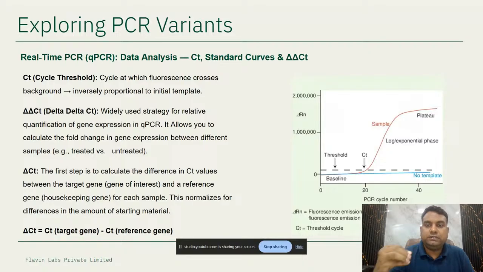Once this CT is produced, it is recorded by the machine, converted into an Excel sheet, and you will record this CT. This is called the CT value. From this CT value, you will calculate delta CT. Once you get CT, in real-time PCR you always need a reference gene, also called housekeeping genes.